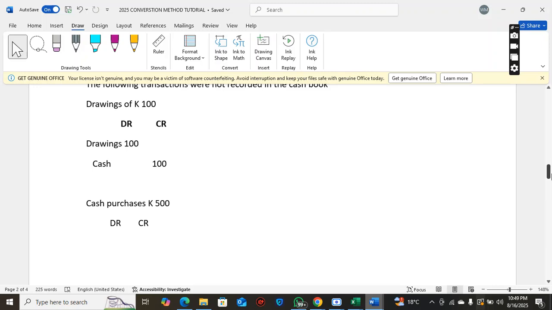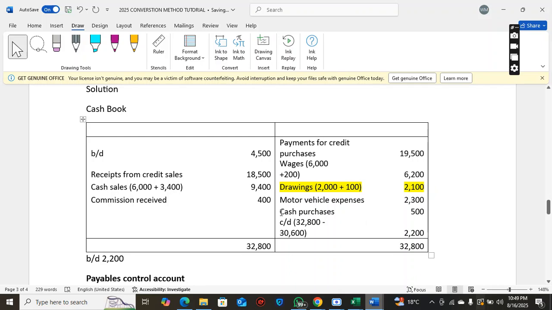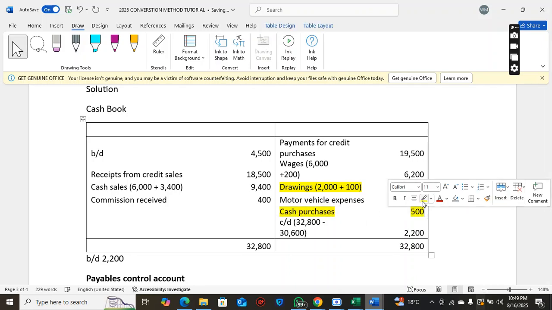So you debit purchases 500, credit cash 500. On the cash book, on the credit side, we're going to have cash purchases of 500 kwacha. Any questions?